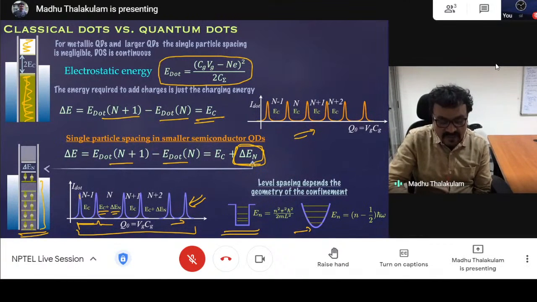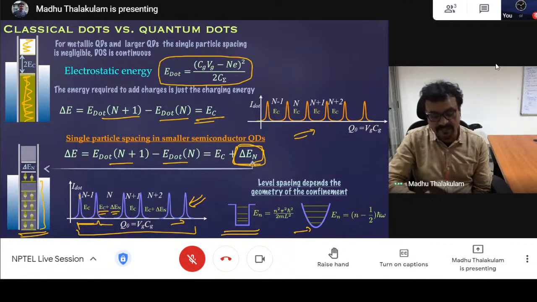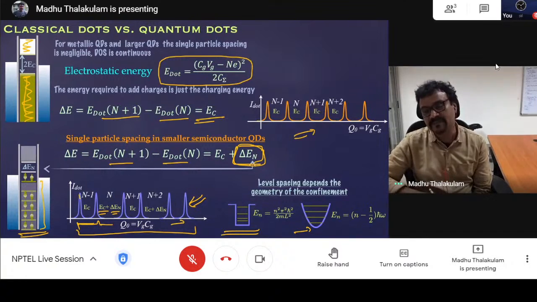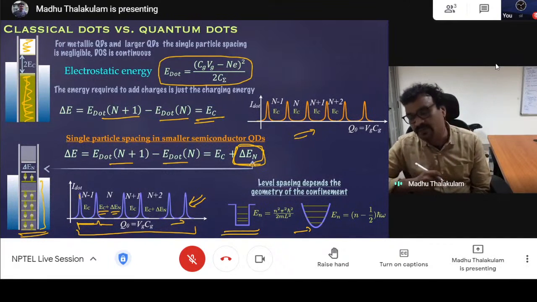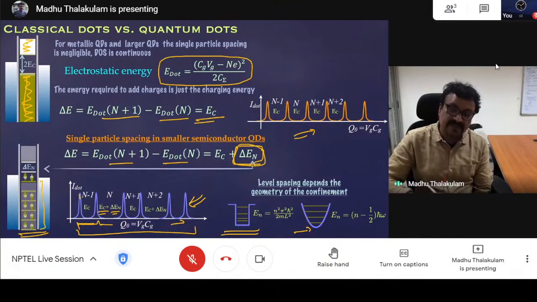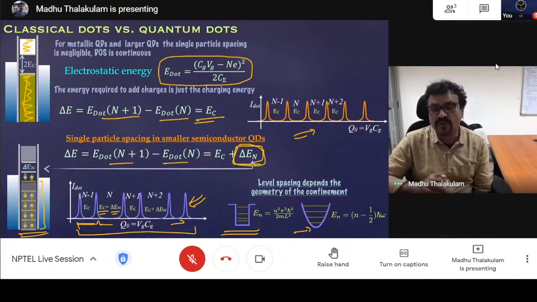You will see some other filling, some other series or some other periodicity. So just by looking at the periodicity, you can tell what kind of confinement you have. Okay, so this is the case when you have smaller dots.